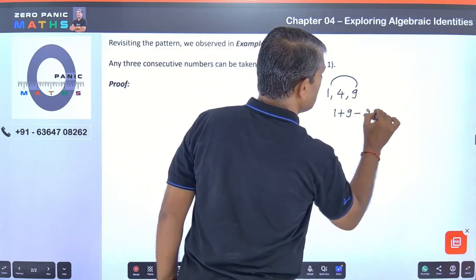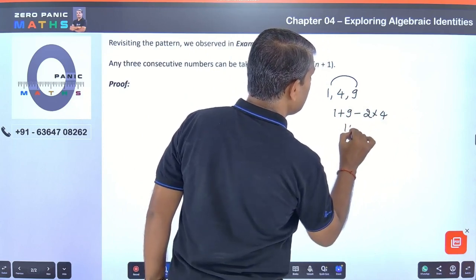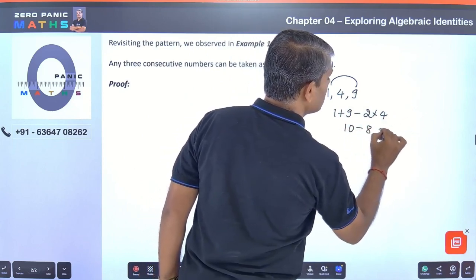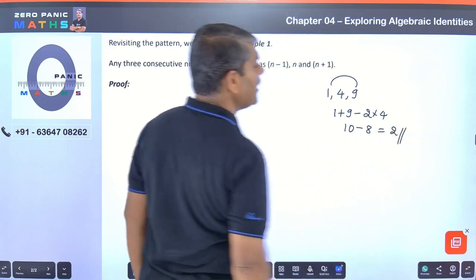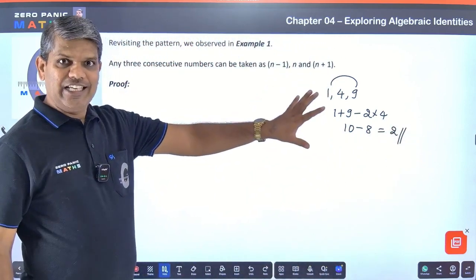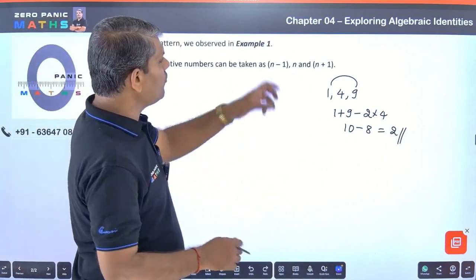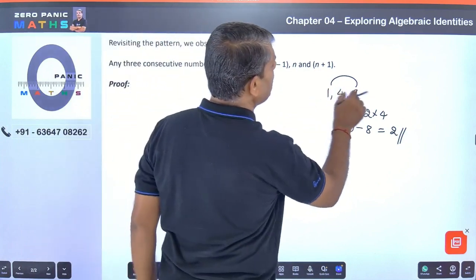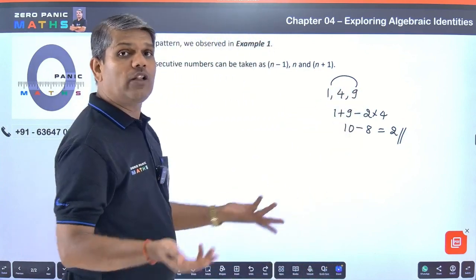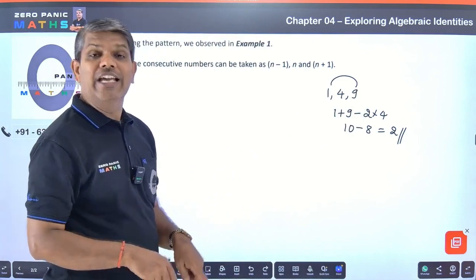It is 10 minus 8, which is equal to 2. I said this is an identity, so it should be true for all values. I cannot go on substituting different values to prove it for all values. I should be proving it in general.